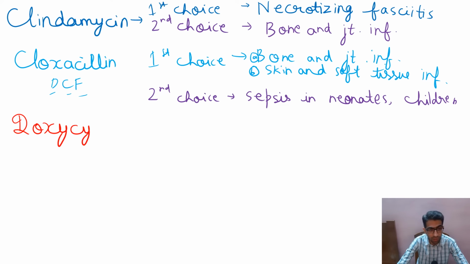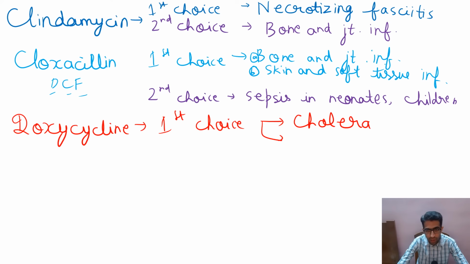Now this is very important because this is a very commonly asked question, that doxycycline is the first choice drug in what? So just simple answers: cholera and two C's, like CD, compact disc. In our days there was a compact disc, we used to play films on that, music on that.